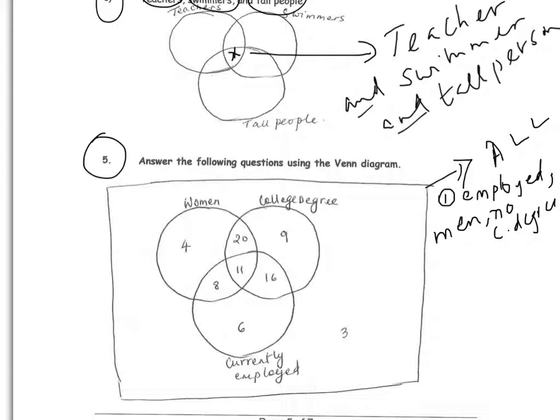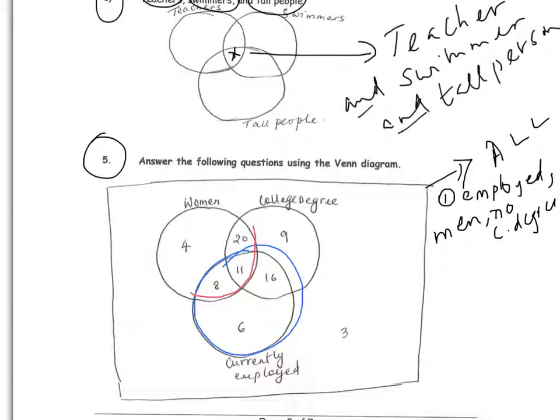So how many such people do we have? So they have to be employed. Okay, so they have to be sitting in the circle of people who are currently employed. They have to be men, which means they cannot be women.